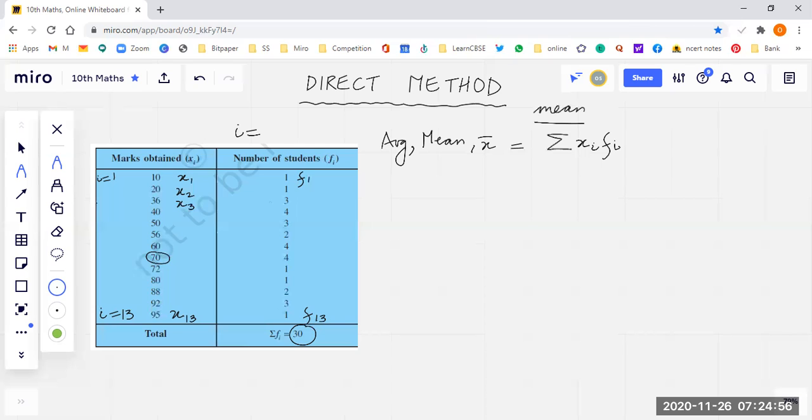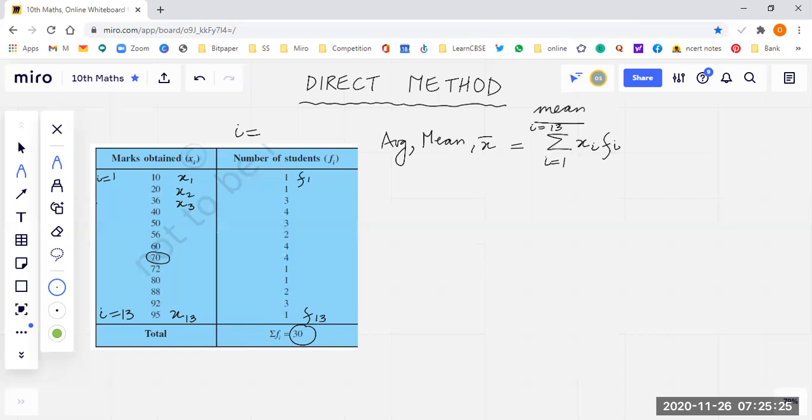Because instead of adding 36 three times, writing 36 plus 36 plus 36, I am just multiplying 36 by 3. That's all. So now i ranges from 1 till 13. I is equal to 1 to 13, or simply write i ranges from 1 to 13. It doesn't matter.